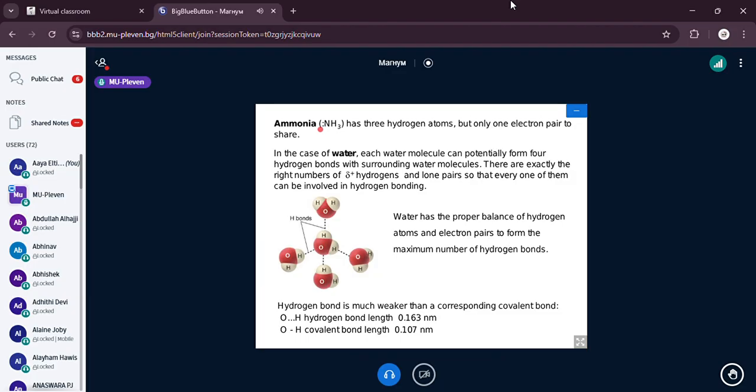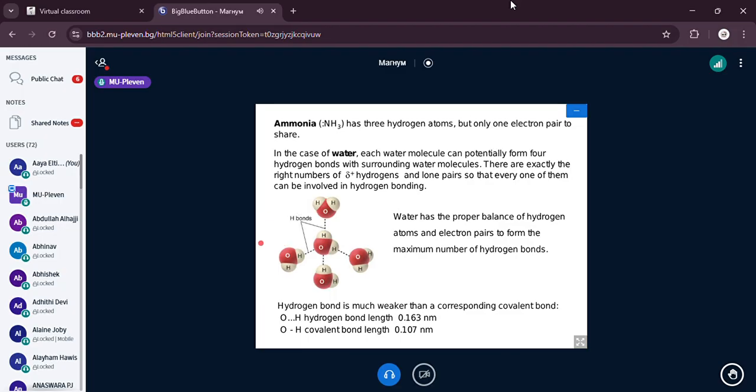In case of water, we can say there is a proper balance between hydrogen atoms available for hydrogen bonding, and also lone electron pairs, which can participate in hydrogen bonding: 2 hydrogen atoms and 2 lone electron pairs.